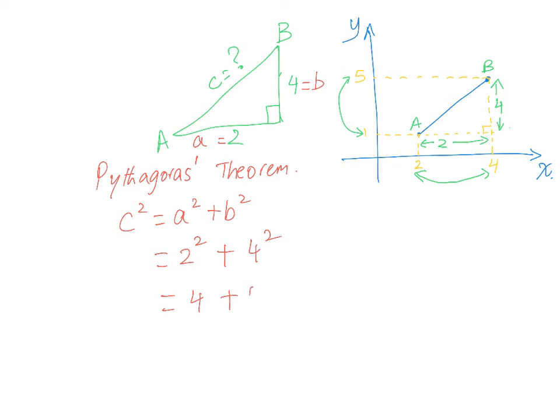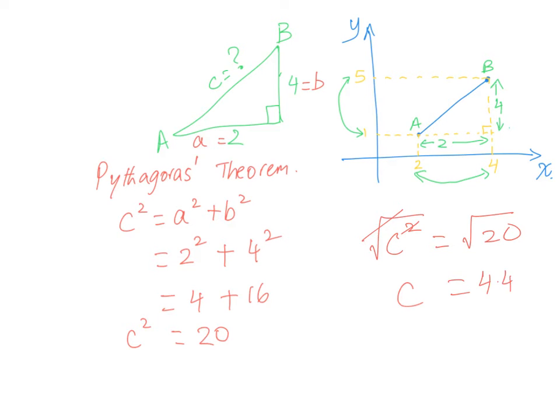And we plug in, get 20. So c squared is 20. But we want c, so let's take the square root on both sides. So c is equal to the square root of 20, which solves to 4.47 units. So this length c is 4.47 units.